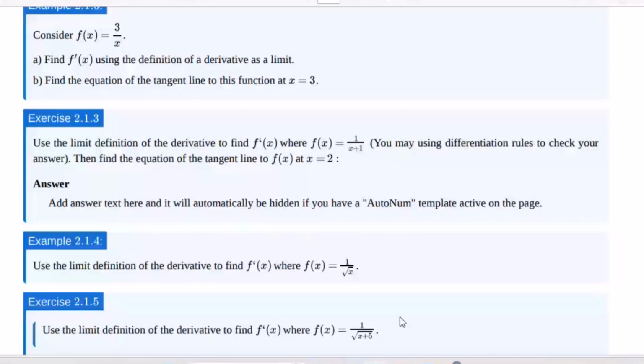We have got 1 over the square root of x plus 5 plus h. Are you with me? Yes, sir. This is the same as 1 over the square root of x plus 5 plus h over 1. Do you agree with me?